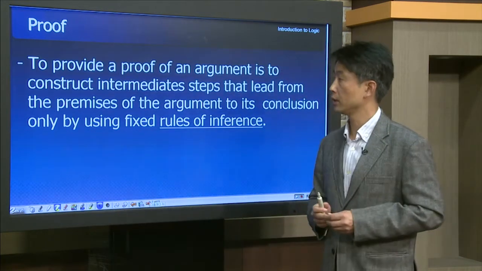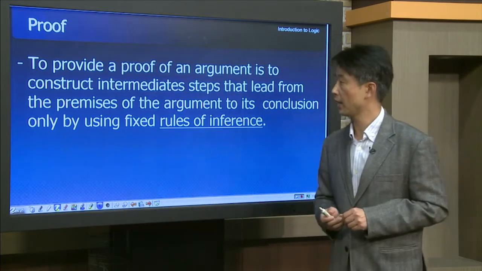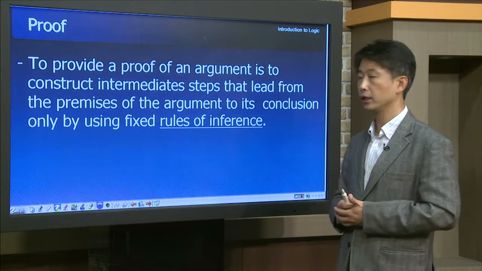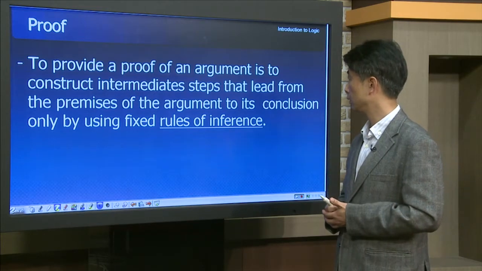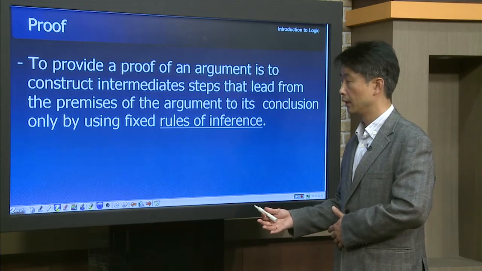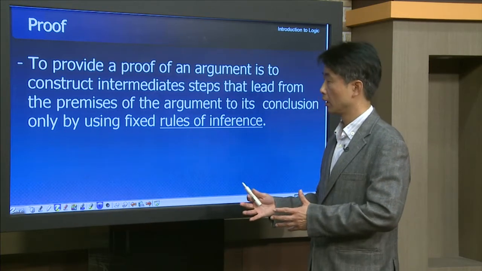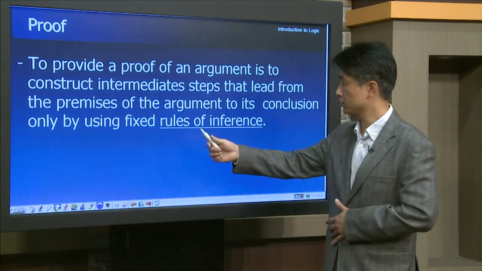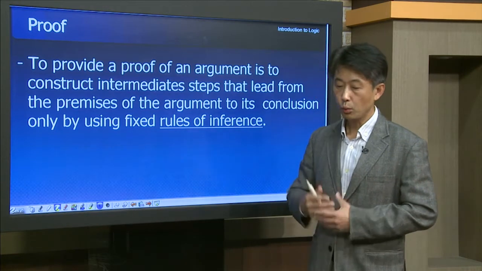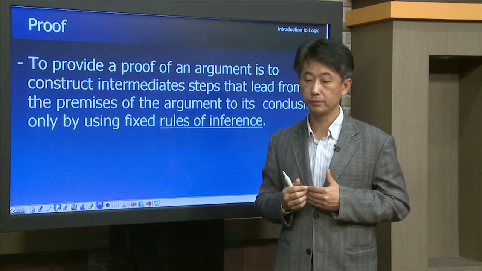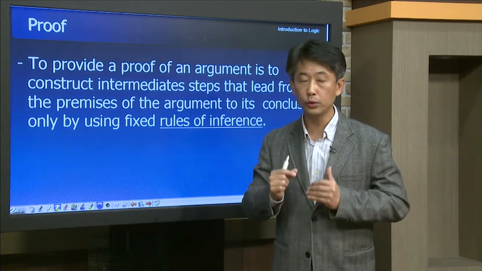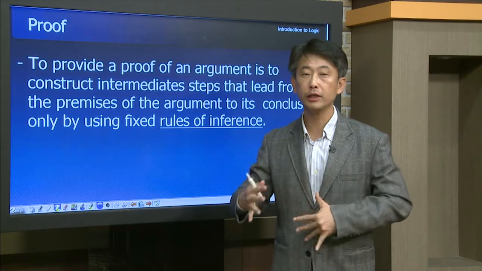So, here is the definition of proof. To provide a proof of an argument is to construct intermediate steps that connect the premises and the conclusion. Now, here is the important thing. Only by using fixed rules of inference. When you construct the intermediate steps, you must rely only on the rules that are agreed upon.